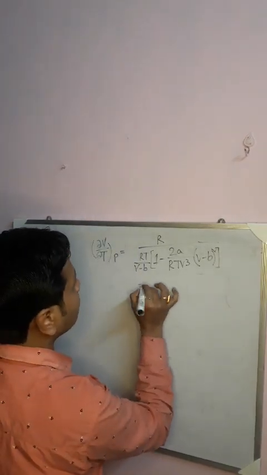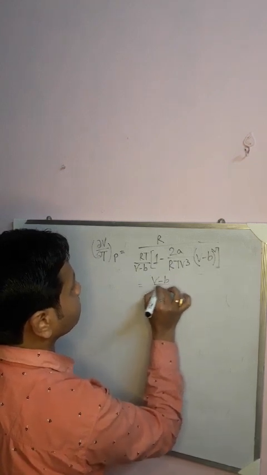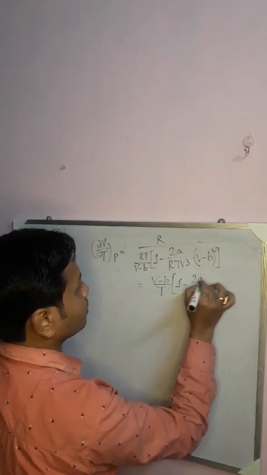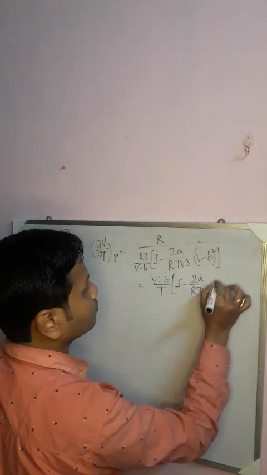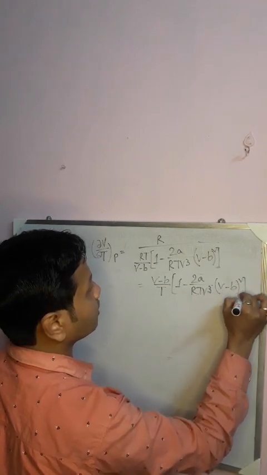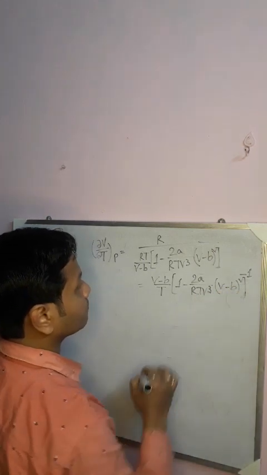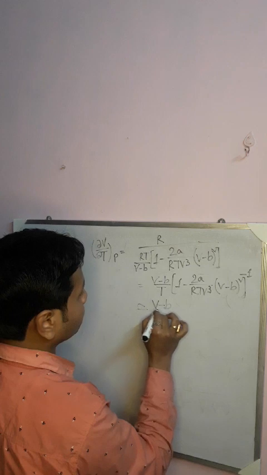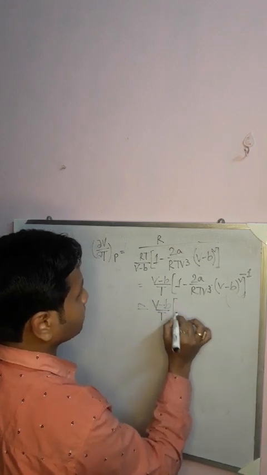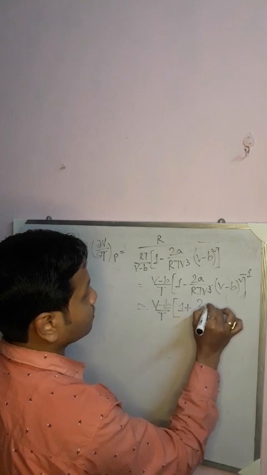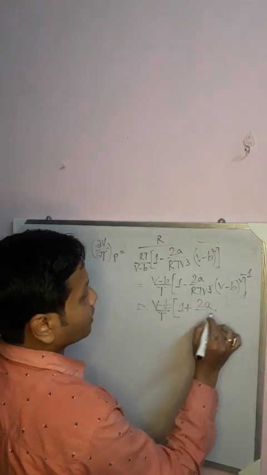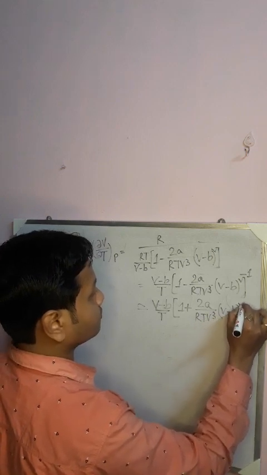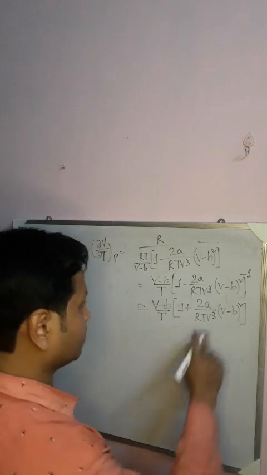Now R cancels, so this term becomes V minus B by T, and this becomes 1 minus 2A by RT V cube into V minus B whole square to the power minus 1. If we expand this, it becomes V minus B by T into 1 plus 2A by RT V cube into V minus B whole square.